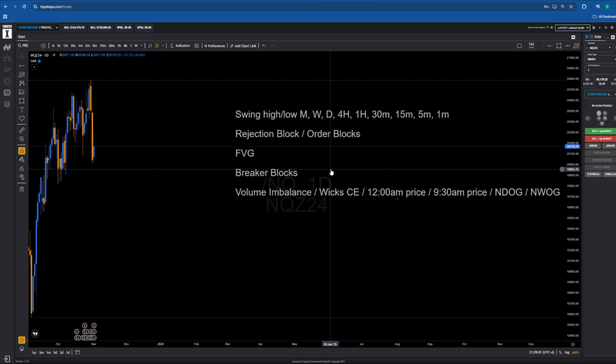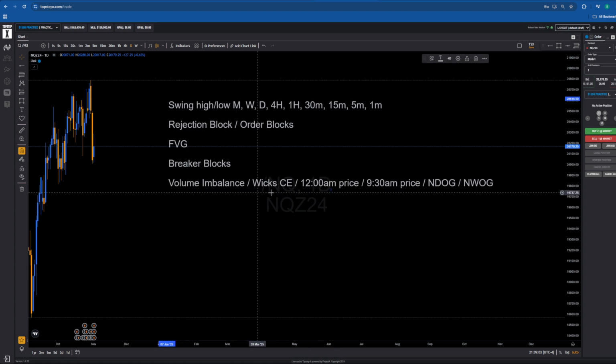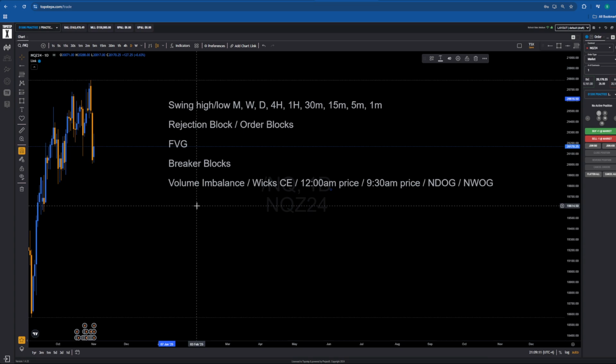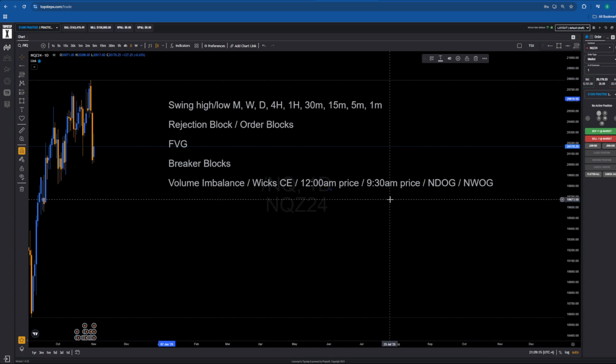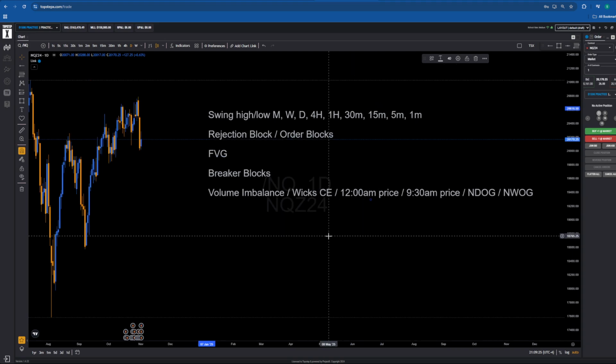But these are a few other things which I like to look at. One is volume imbalance, and if there's a large number of wicks in play, the 12 AM price, the 9:30 AM price, and this I typically look at for both US and India markets. And then the new day opening gap and new week opening gap. So at a high level, these are the things I'm looking at.